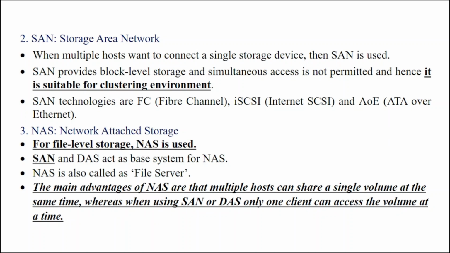Means multiple hosts can share the single volume, and all the clients can access that data simultaneously. Have you understood this? So for file level storage, NAS is used. Because multiple files are used by multiple users at the same instance, that's why we are going to use it in cluster.